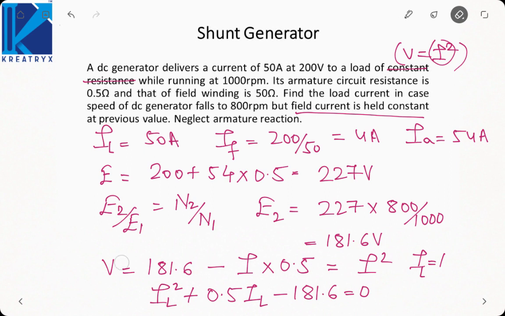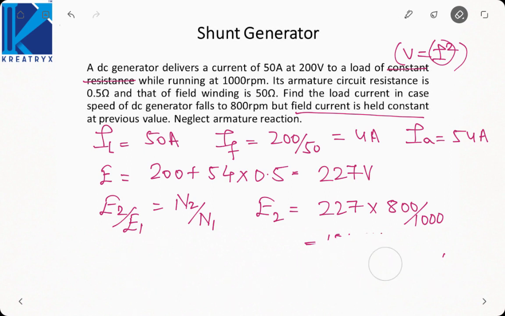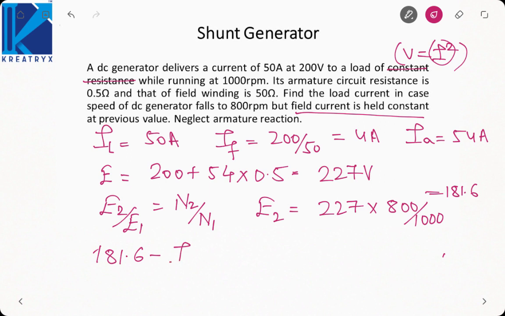One thing we have to do here is, basically we get 181.6, so it will be 181.6 minus IA into RA. RA is how much? 0.5, is equal to IL square.